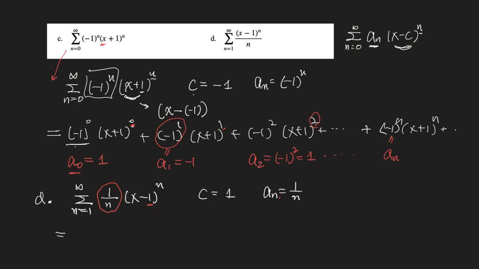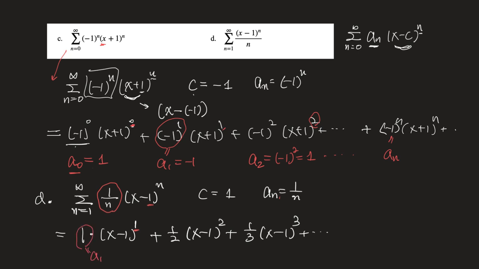Let's expand this power series. Look at this. n starts at 1. So 1 over 1, x minus 1 to the 1. Plus 1 over 2, x minus 1 squared. 1 over 3, x minus 1 cubed. So always you have the power right there. That's the coefficient A1.